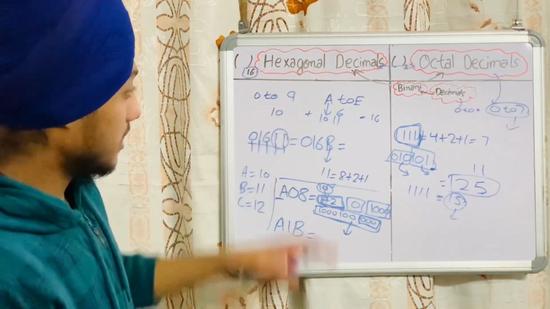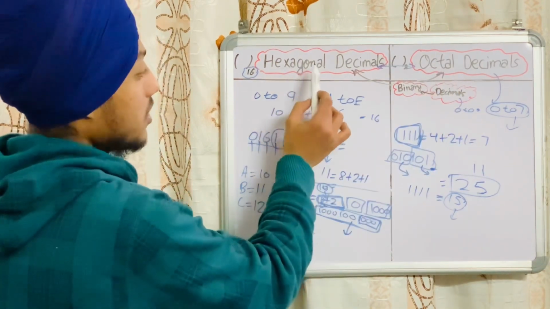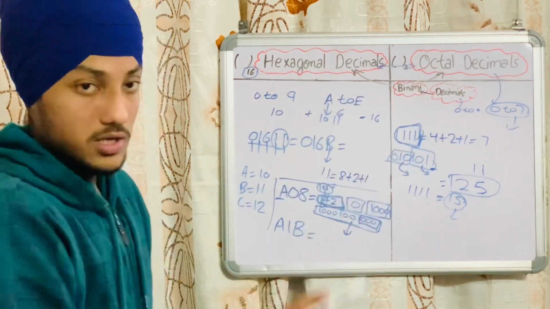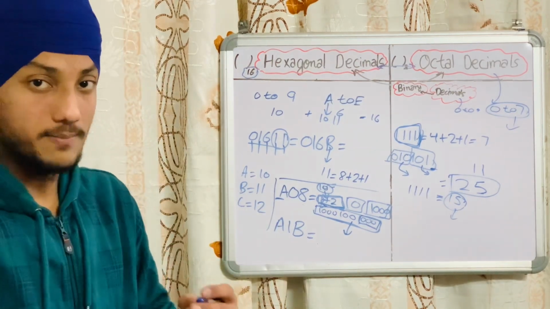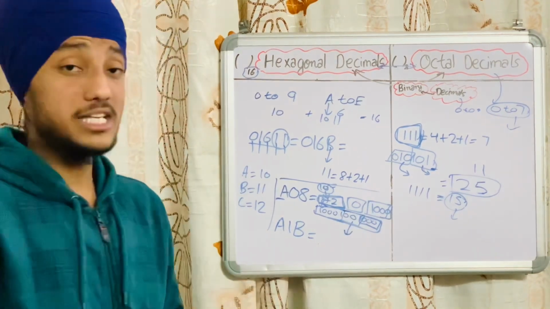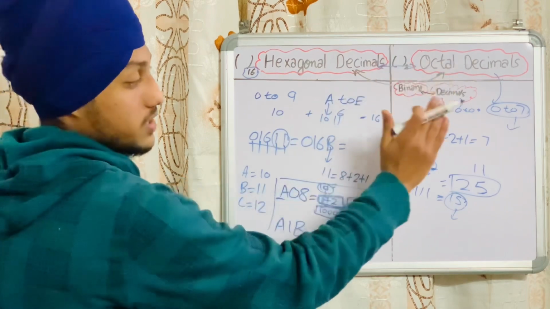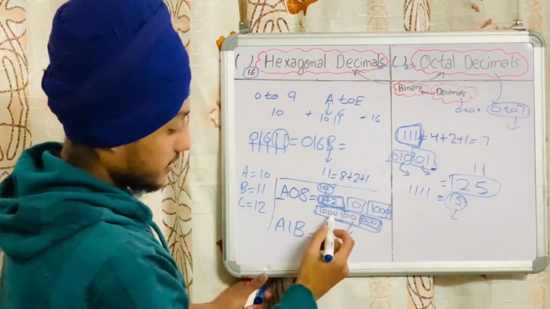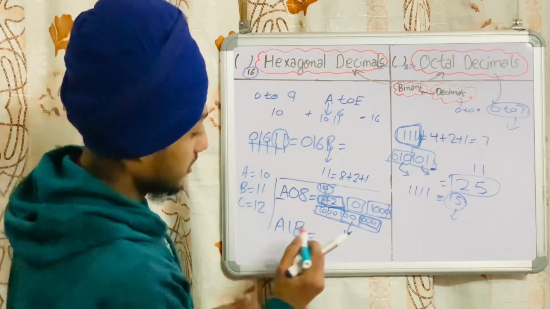Here we are converting decimal to octal, and here we are converting hexadecimal to octal. In the binary system we must take 3 pairs, because with 3 pairs the maximum does not exceed 7. So this is the system we use, 0 to 7, and that's why we paired it.